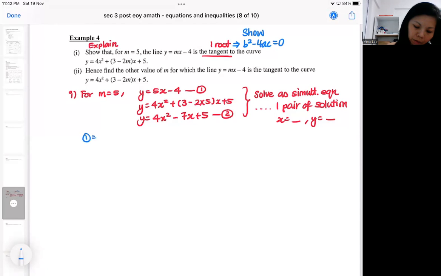So first of all, I have to execute the simultaneous equation so that I can get my a, b, c. After solving the simultaneous equations, I will have my a, b, c.